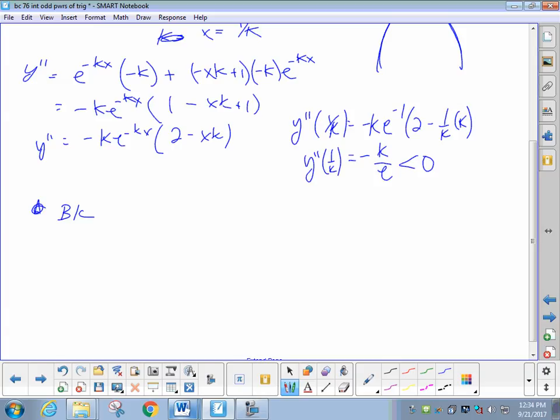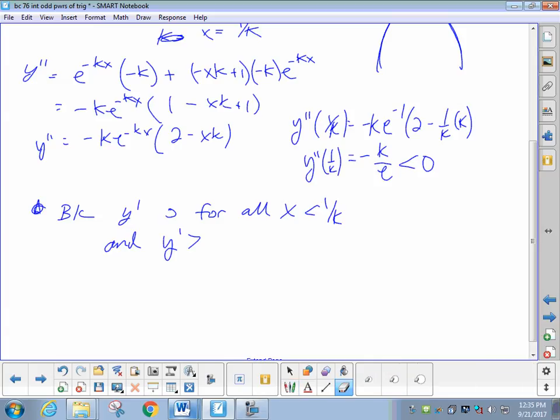So I'm going to use the first derivative because y prime is positive for all x's below 1 over k, and negative for all x's after 1 over k.